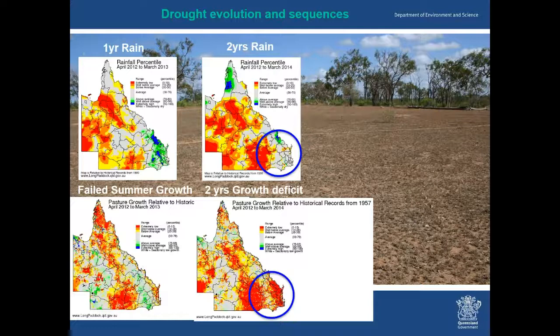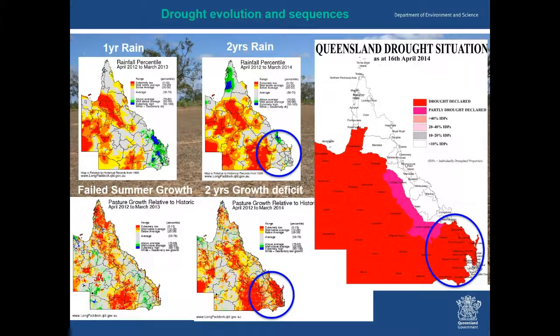Now, if we look at the ensuing drought declaration map, they got it right, and people would have been hurting in that area. So we can't just go off rainfall alone for these things, and that's what the sequences that we'd like to put together are for, to show in the past or the present the lead up of rainfall and pasture growth.